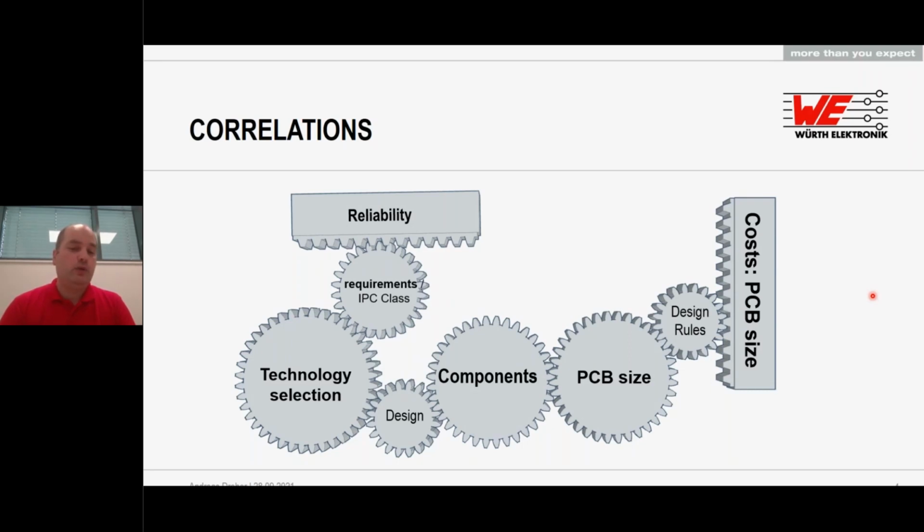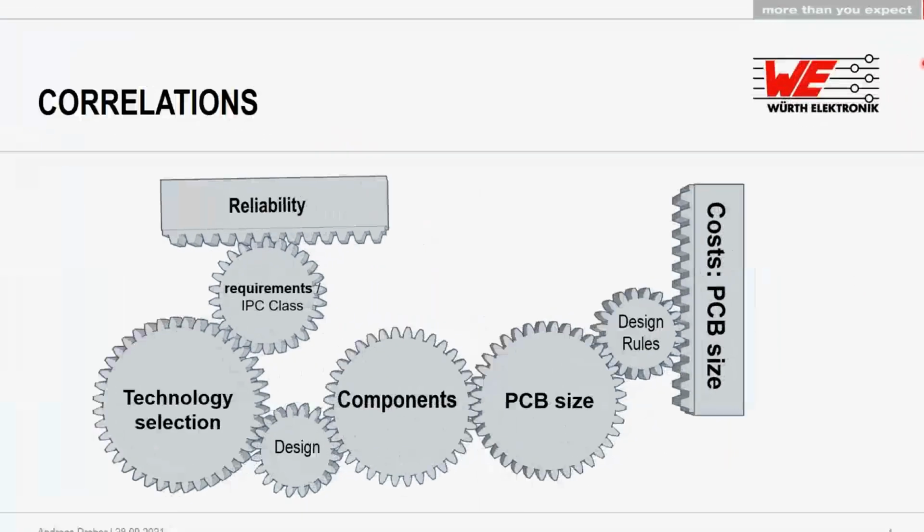If you move one little tooth gear, all the others will move with it. So it often happens that you change a little parameter on one side and you get an output on the other side. The trick in PCB design is to find a good correlation and a good output on the design settings.